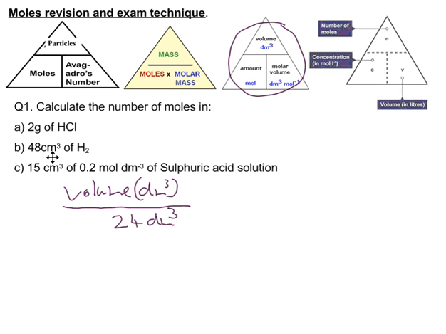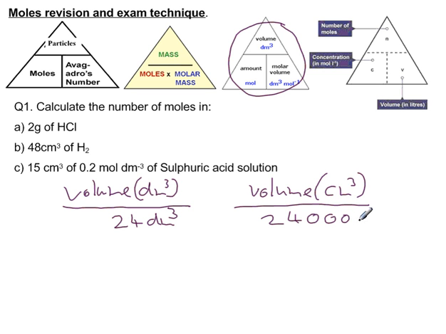Now our volume here is in centimetres cubed. So you can convert that into litres by dividing by 1,000. Or you can use the alternative form of this equation, which is the volume measured in centimetres cubed divided by 24,000 centimetres cubed. So the answer will be 48 divided by 24,000.